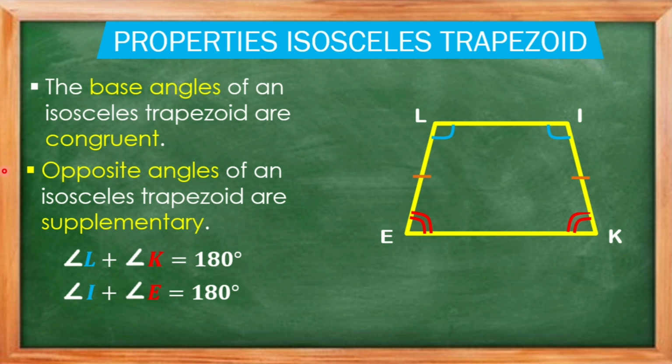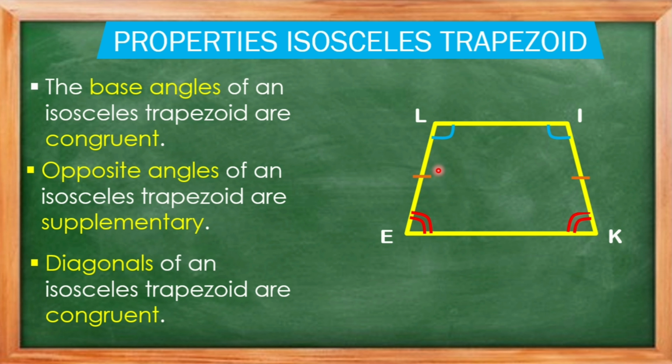Okay, so pansinin natin na itong angle K at saka angle E, pwedeng magpalitan yan. At ito ring angle L at saka angle I, pwede rin yan magpalitan. So, ibig sabihin, itong angle L plus angle E, dito sa figure natin, kahit hindi sila opposite angles, ay supplementary pa rin sila. Kapag inadd natin yung angles nila, supplementary pa rin sila.